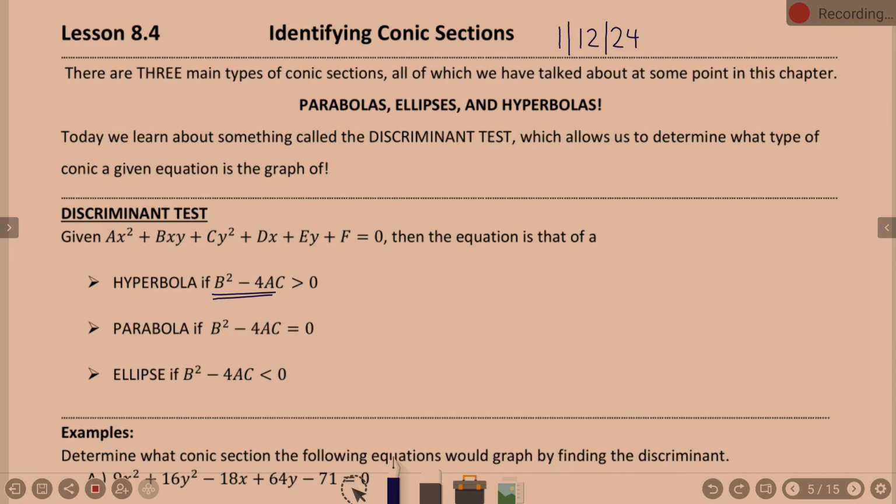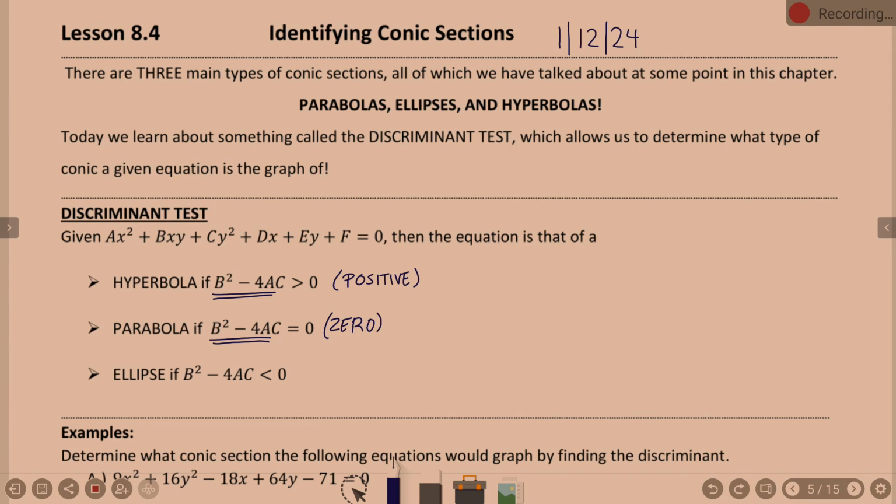So we're saying if b squared minus 4ac, what do we mean greater than 0? If it is positive, we know that equation represents that of a hyperbola. If b squared minus 4ac equals 0, the equation is that of a parabola.